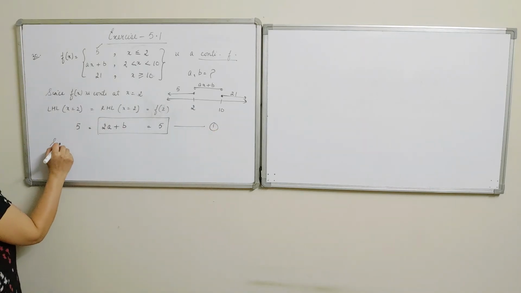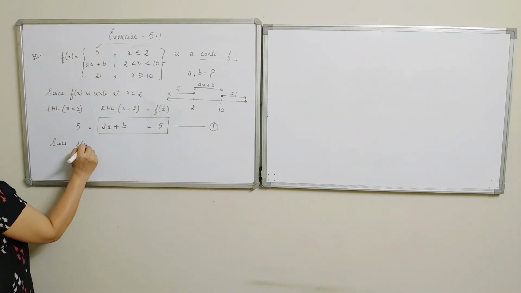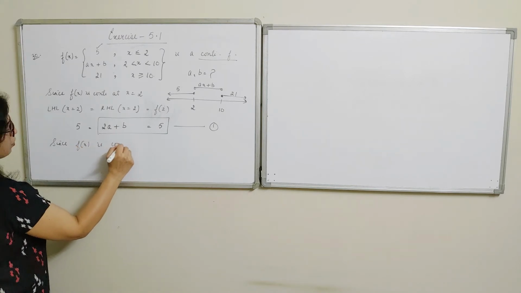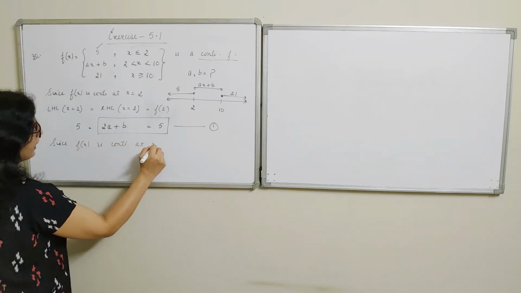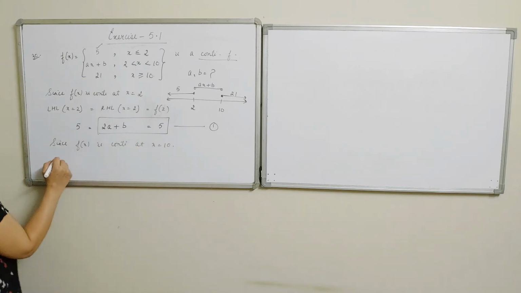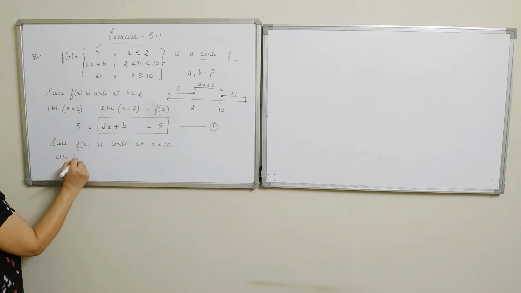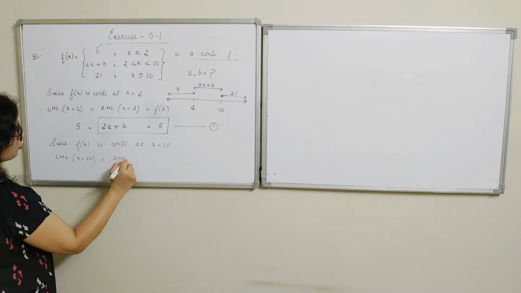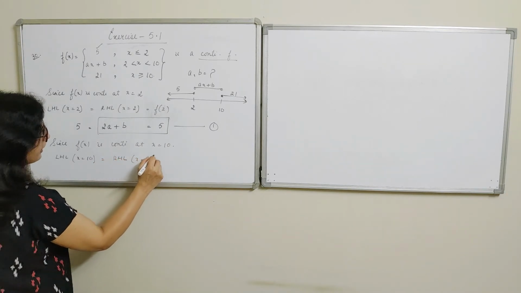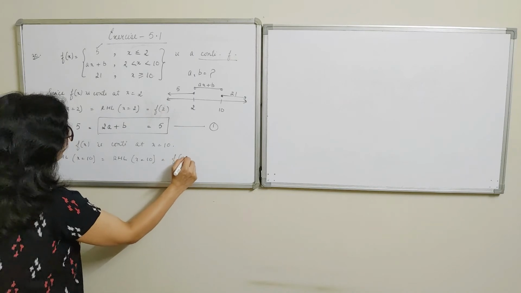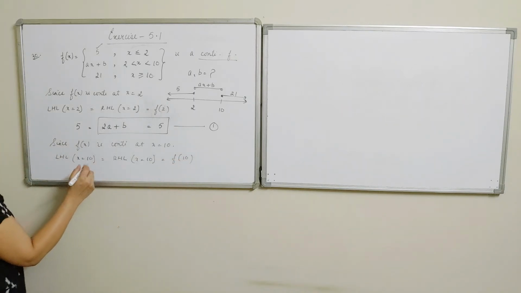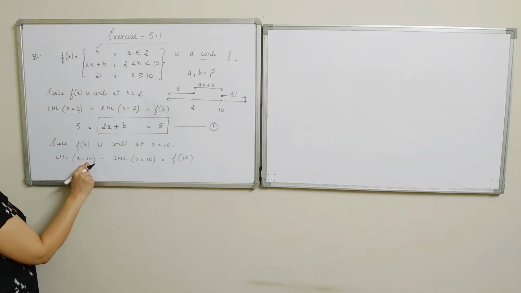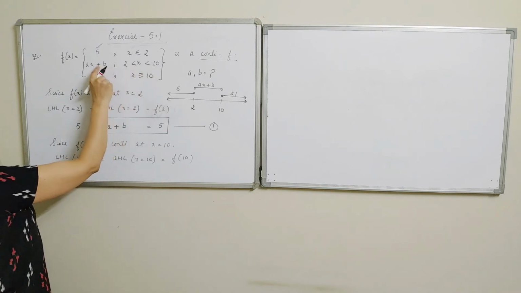Then secondly, the function is also continuous at x equal to 10, which again means that the left hand limit at x equal to 10 should be equal to the right hand limit at x equal to 10, which should be equal to the value of the function. So here again the left hand limit, that means x is less than 10, this is the function.